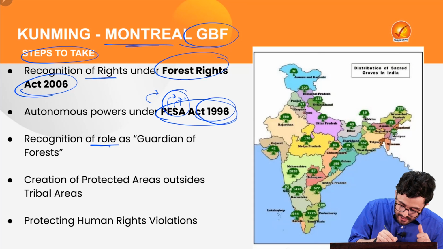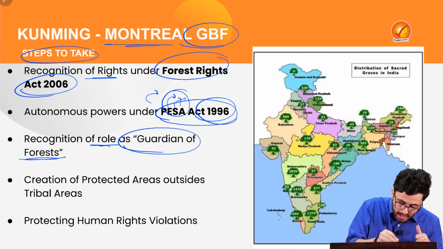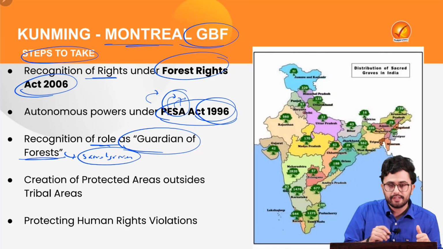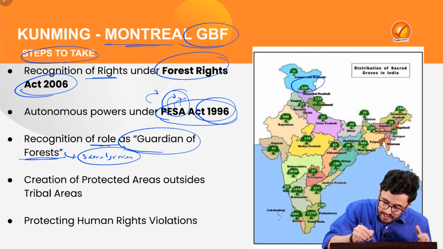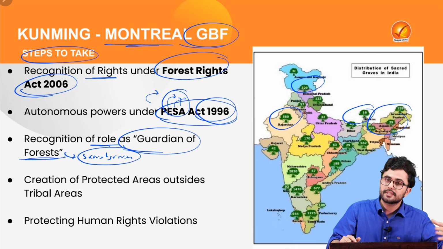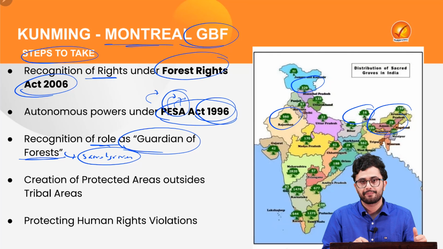Then we can recognize their role as guardians of the forest, as can be seen from the concept of sacred groves which are present across the country, such as the sacred groves of the Khasis and Jaintias in the state of Meghalaya.